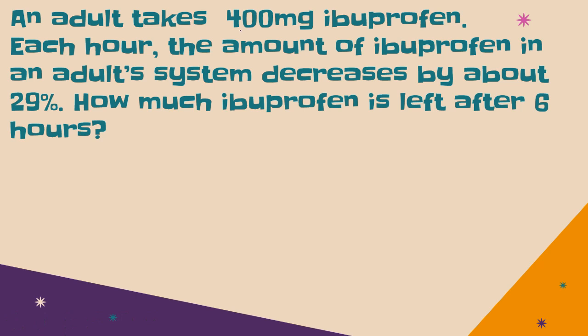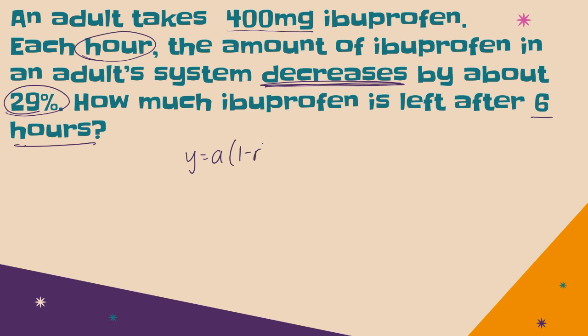An adult takes 400 milligrams of ibuprofen. Each hour, the amount of ibuprofen in an adult system decreases. Now, this is how I know that it's decay, by about 29%. How much ibuprofen is left after 6 hours? So let's fill into this decay equation what we know.